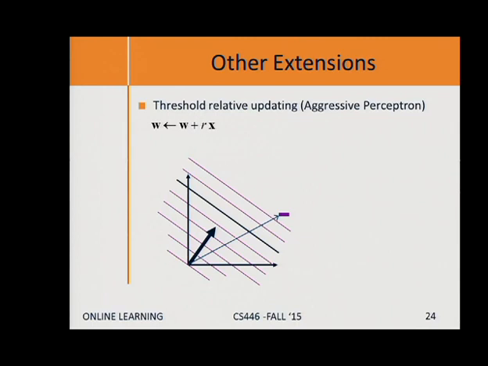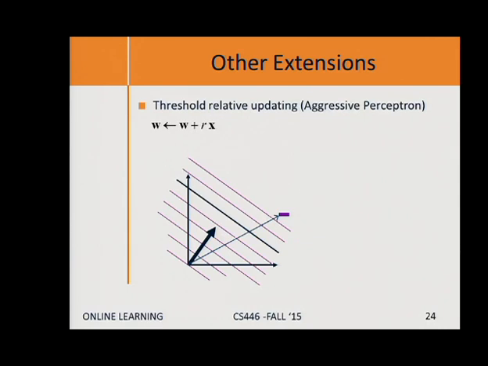Yes, no? Two options. What do you think? Depends on R. In general, no. It could be that I made a mistake on an example, I updated my hypothesis with the Perceptron rule, you give me the same example again, and I'm still making a mistake on it, because I did not update enough.